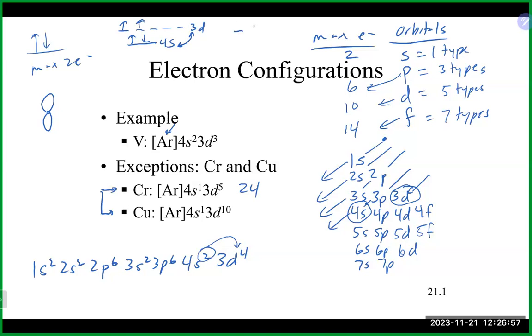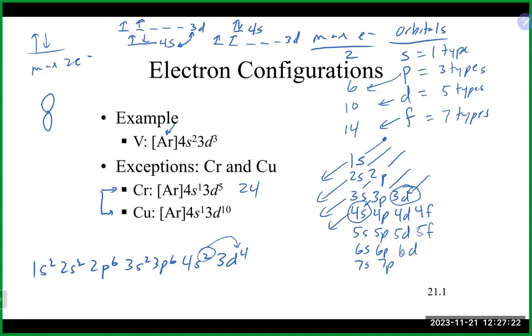And what ends up happening is the 4s actually ends up being higher in energy than, say, the 3d. And that's really important for when transition metals lose electrons. When transition metals lose electrons, the first ones they lose are the s electrons, in this case, the 4s electrons. And that's because of that switch in energy that occurs.